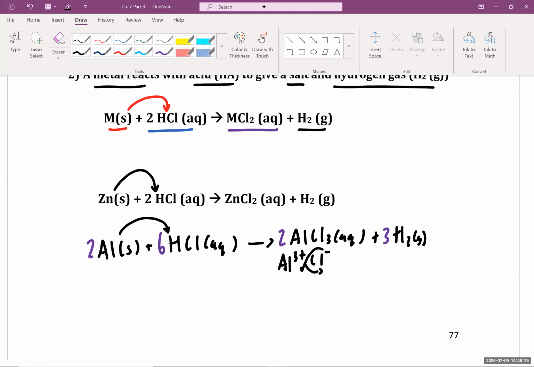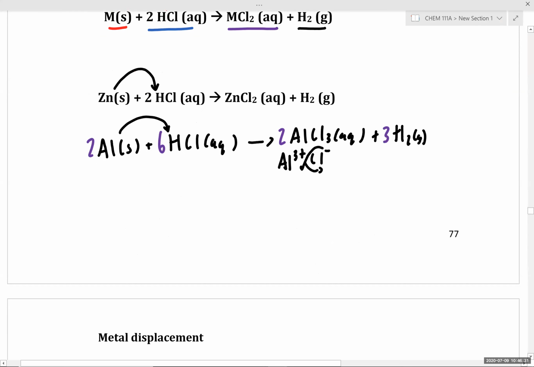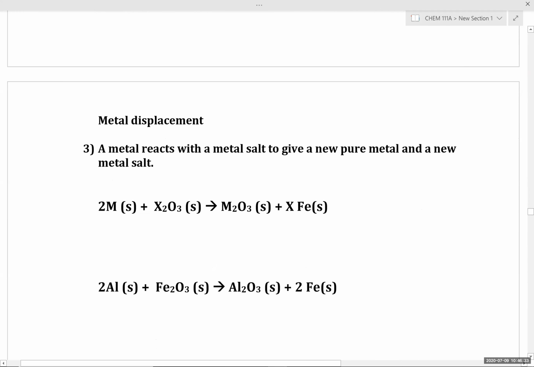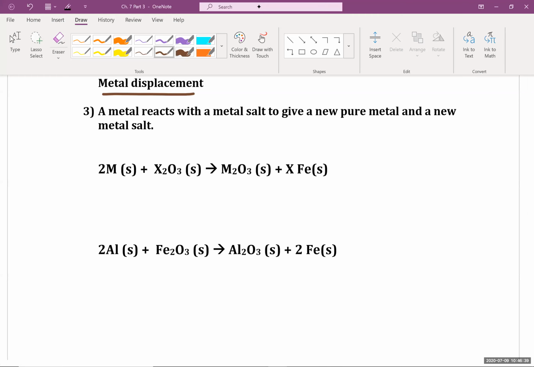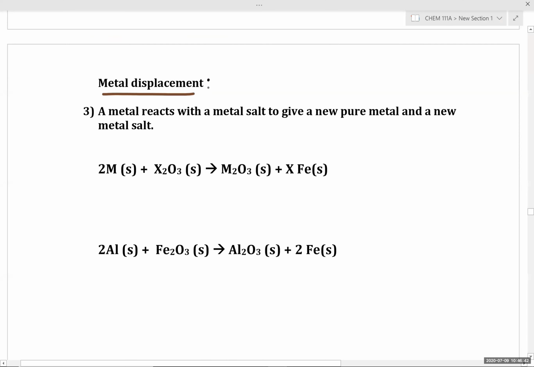Okay. So let's look at a few other subclasses of displacement. In a metal displacement, we are, by definition, displacing a metal. A metal reacts with a metal salt to give a new pure metal and a new metal salt.